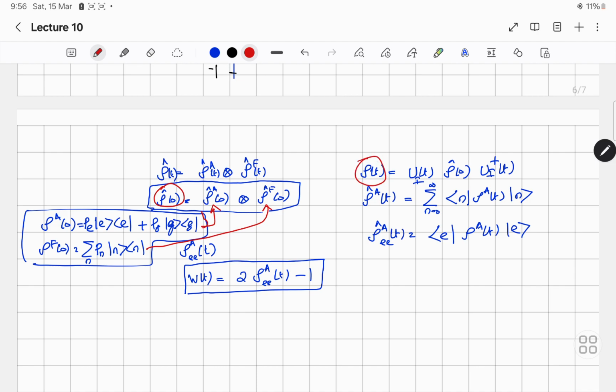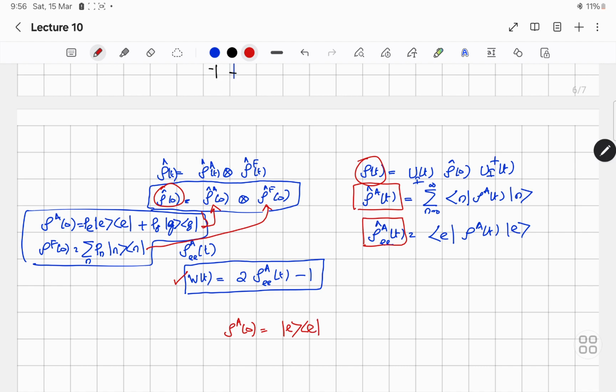And once you calculate rho(t), I can calculate the reduced density matrix rho_A, then its first element rho_A,EE(t), and from this we can calculate W of t. So that is the complete thing. And for the case we have discussed now, I have assumed the atom is initially in the excited state.